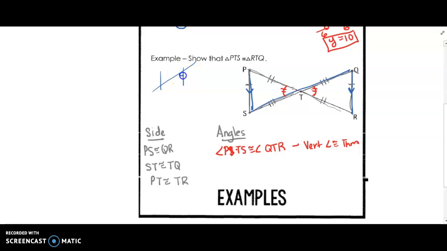What do we know about this angle here and this angle here? What kind of angles are these? Okay, these are alternate interior angles, and alternate interior angles are congruent. Well, guys, that is this angle here and this angle here. So I can say that angle S is congruent to angle Q by the alternate interior angle theorem.